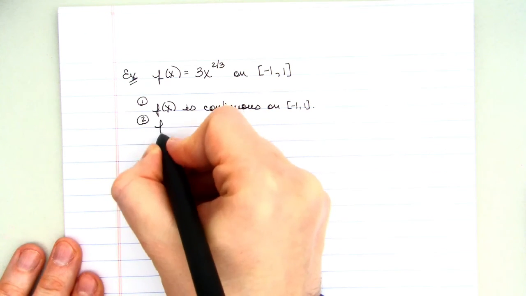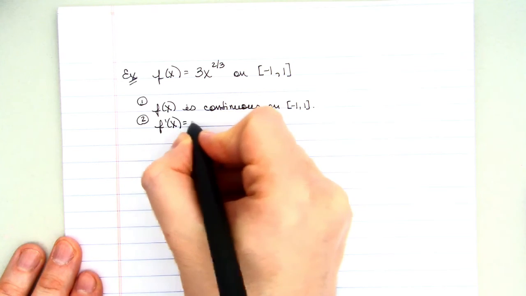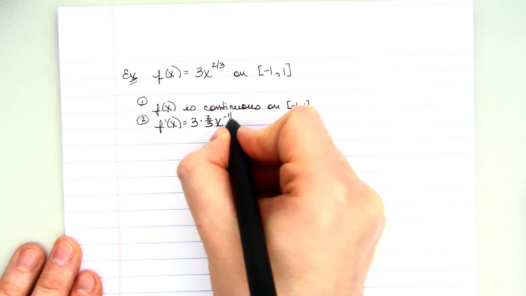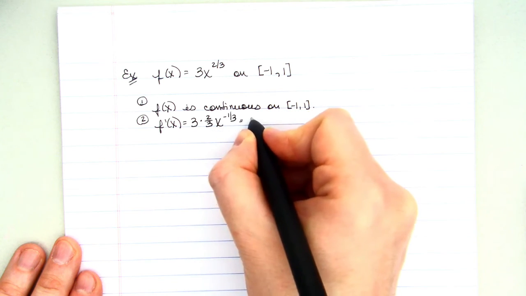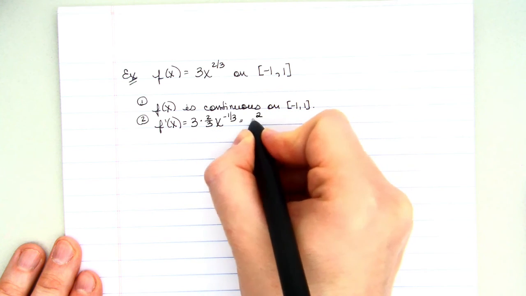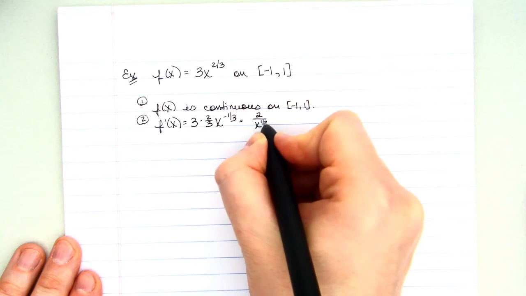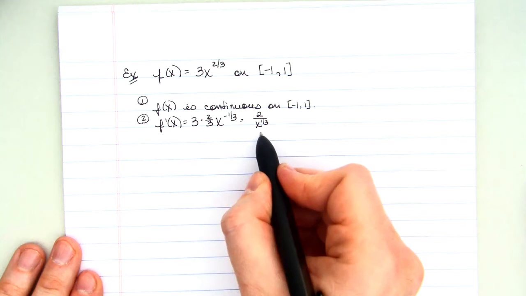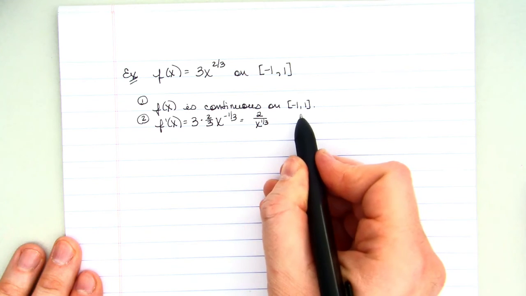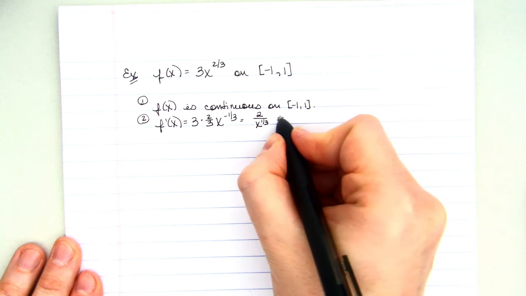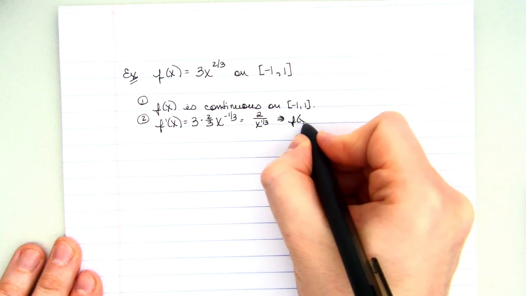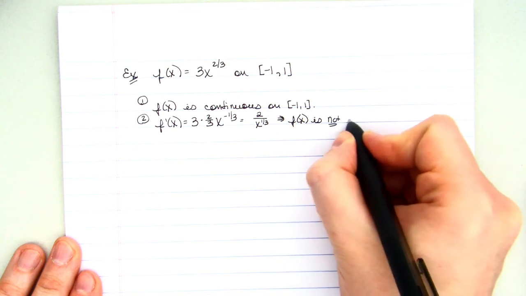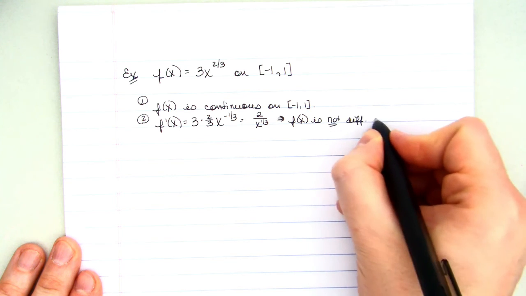Okay, so f prime of x is going to equal 3 times 2/3 x to the negative 1/3. This is 2 over x to the 1/3. I have a problem at x equals 0, which is in my interval. That means my original function f of x is not differentiable at x equals 0.